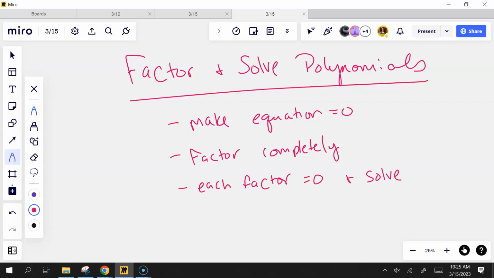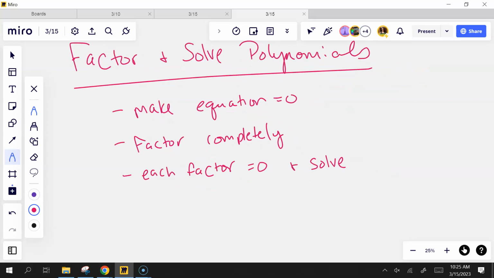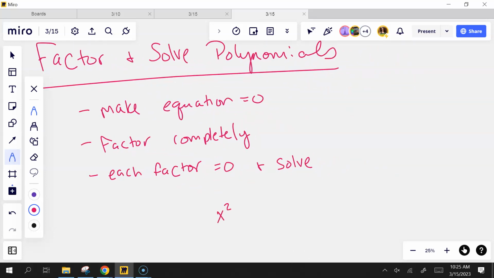Now, here's the problem. Because these are polynomials, these are not just quadratics. Everything we learned with solving quadratics, we will have to apply here as we solve these polynomials. So it could be that if we get down to a quadratic that won't factor, how can I possibly solve that? Like if you have x squared plus 7x minus 3 equals 0.